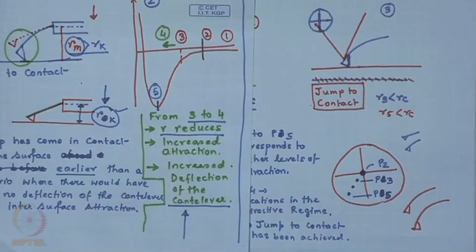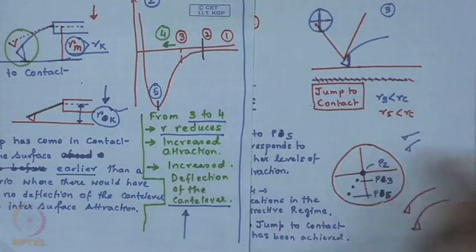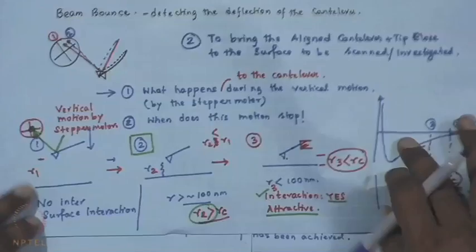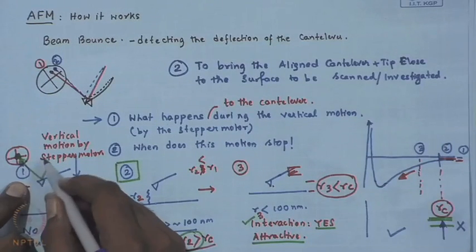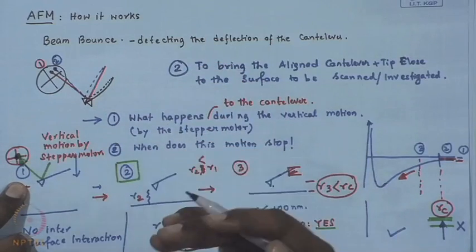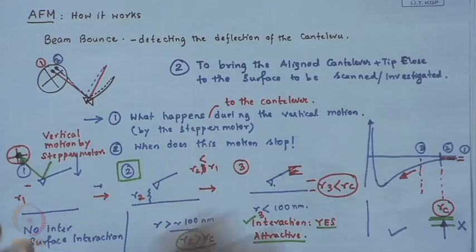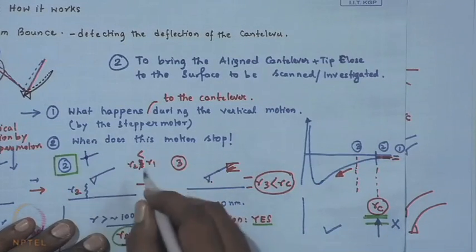So, I will just do a quick recap. At very far away the AFM is fully aligned. Okay. So, the bounced laser spot falls at the center, the stepper motor starts to move, still you are beyond RC, there is no interaction. So, the laser spot still remains at the center.